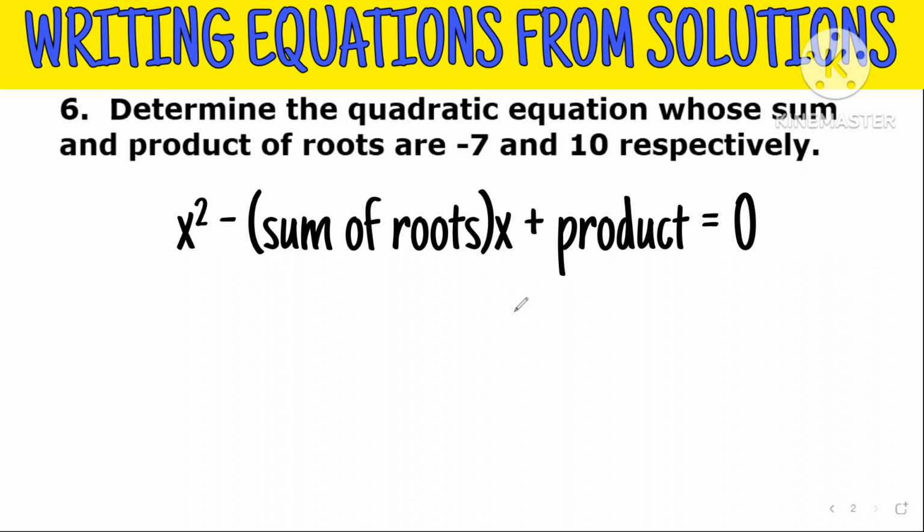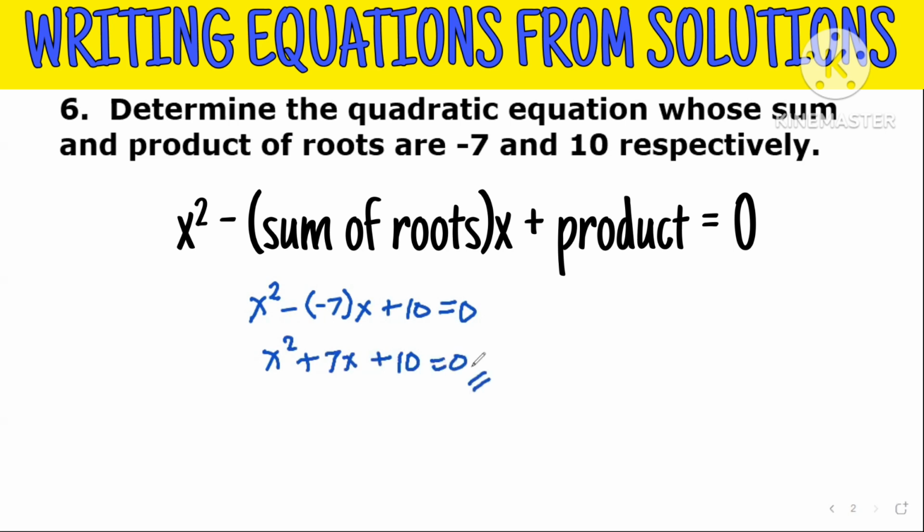So, if the sum of the roots is negative 7 and the product is 10, then the equation can be written in the form x squared minus negative 7 multiplied by x plus 10 is equal to 0. Simplifying further, we have x squared plus 7x plus 10 is equal to 0.